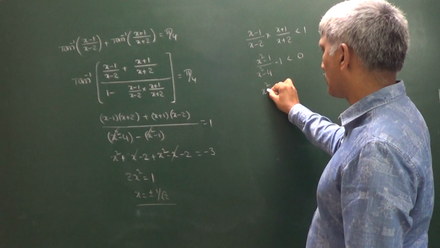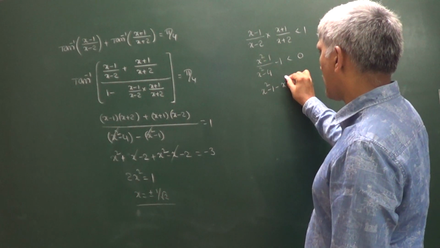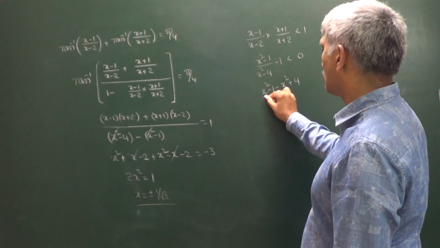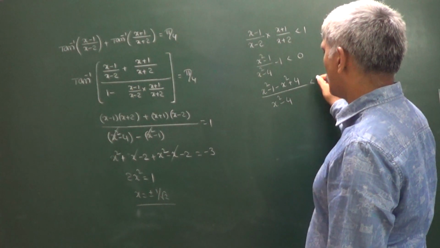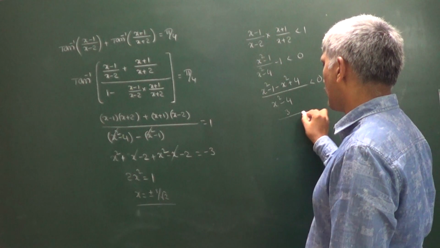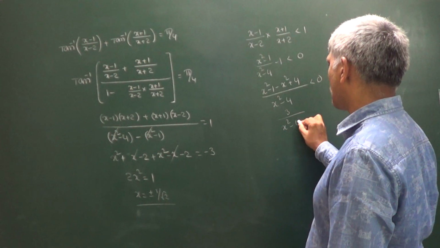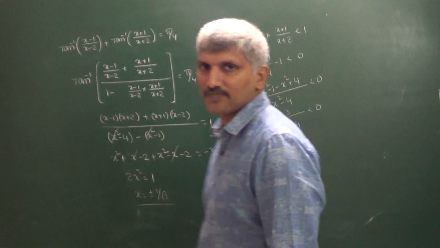Again further simplification: x square minus 1 minus x square plus 4 divided by x square minus 4 less than 0. Therefore we are getting 3 divided by x square minus 4 less than 0.